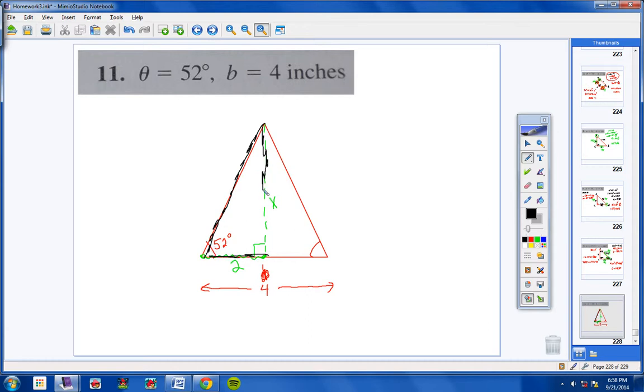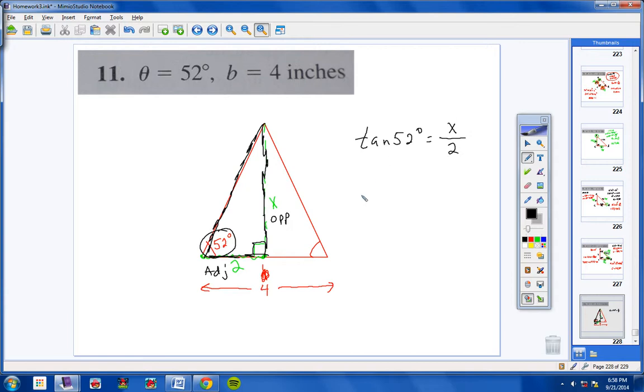Okay? So since you have a right triangle, you can use your trig function. So here's my angle, go straight across, x is my opposite side, and 2 is my adjacent side. So with that in mind, students, I can definitely use my trig ratios because I have opposite and adjacent. I'm going to use tangent, and so the tangent of 52 degrees equals opposite over adjacent.